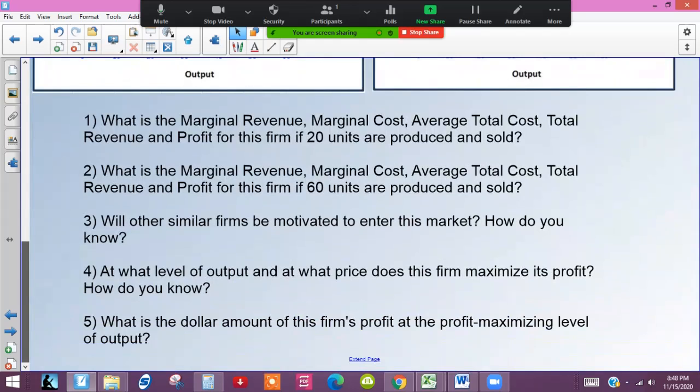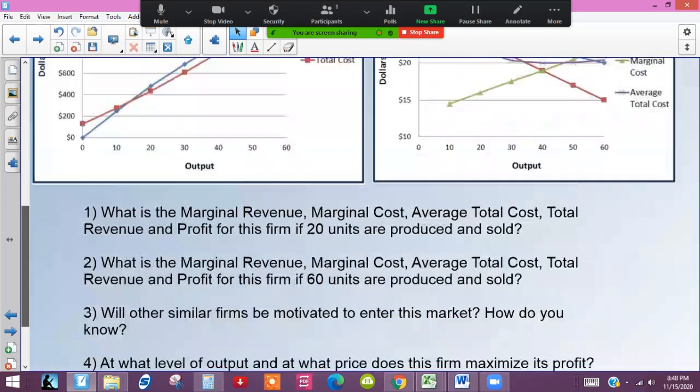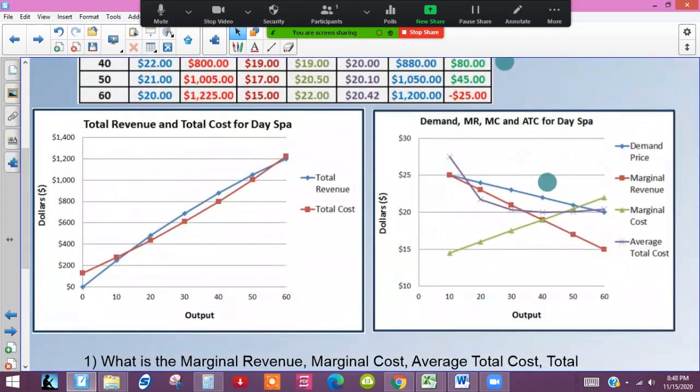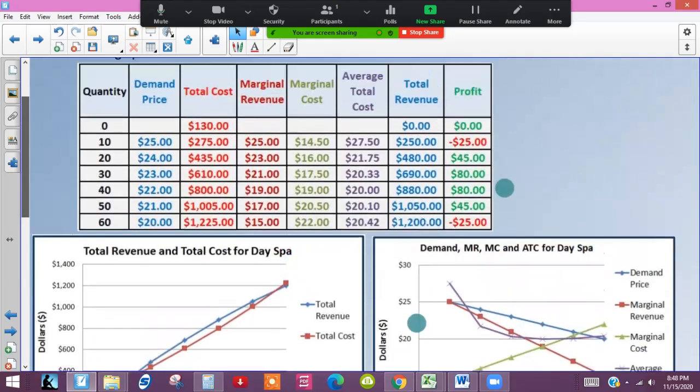Now, number 4. At what level of output and at what price does this firm maximize its profit? Well, we've already kind of answered that, right? We've already said that we know they're going to operate where marginal revenue equals marginal cost, and an output of 40, a price of, we can't tell here, so let's go up to our table.